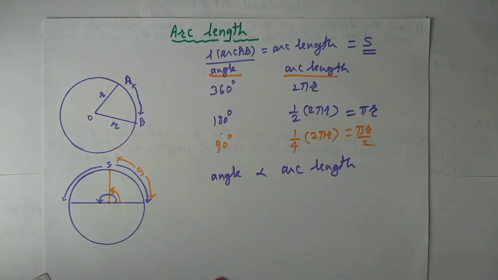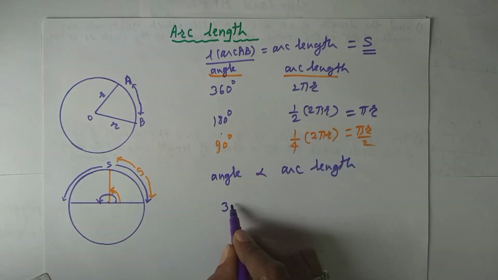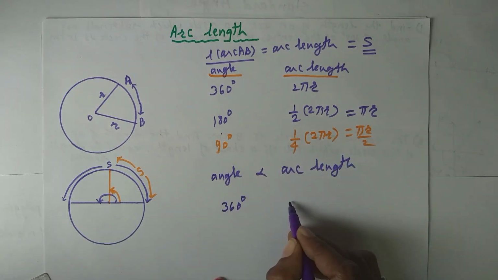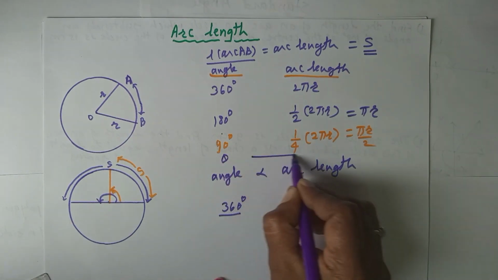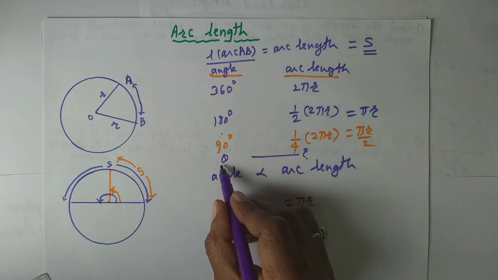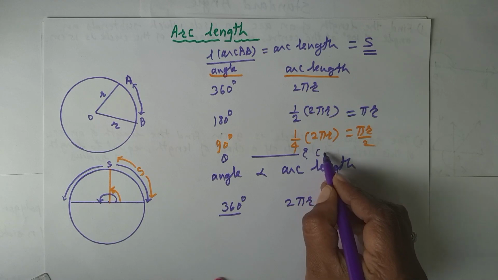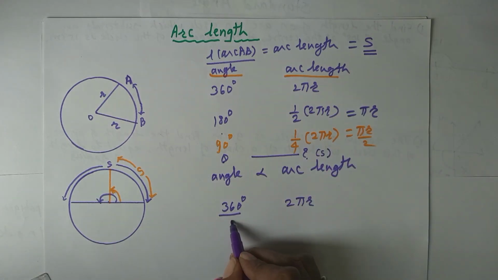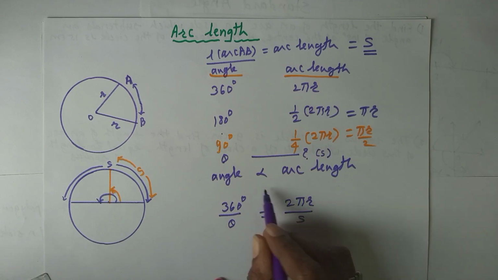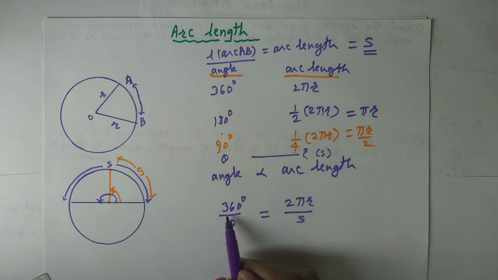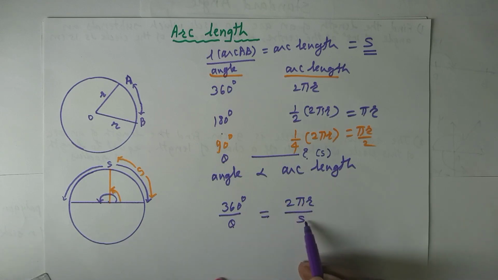If I take the ratio, see here, angle 360 degrees, arc length 2 pi r. And if the angle is theta, then what will be the arc length? Suppose at angle theta, the arc length is S. And as these are directly proportional, I can write 360 divided by theta is equal to 2 pi r divided by S. Okay.